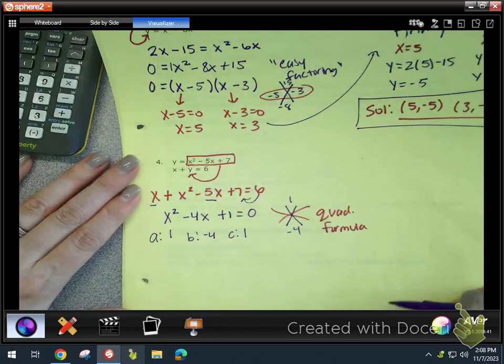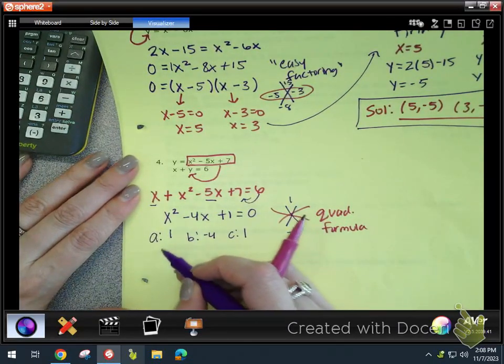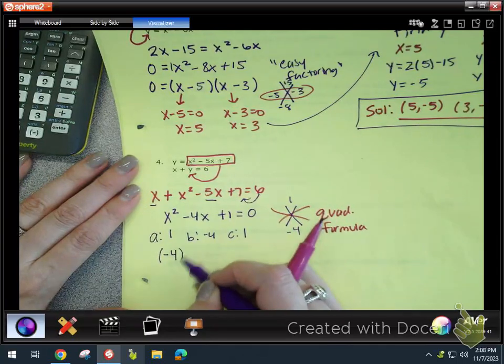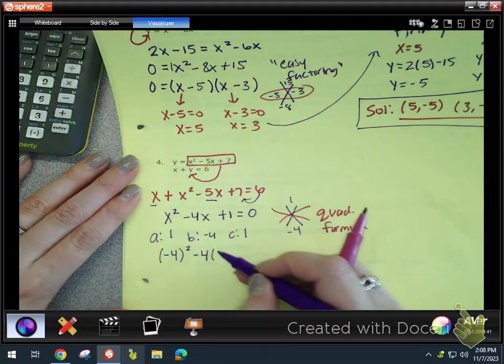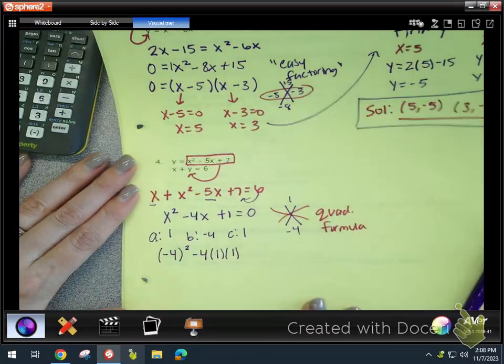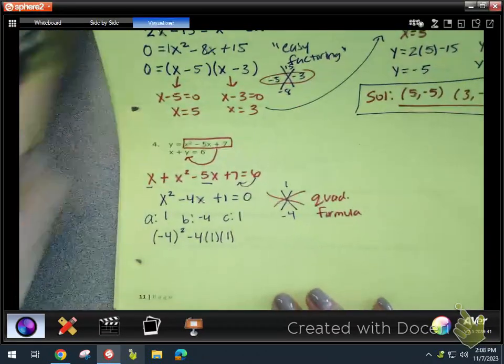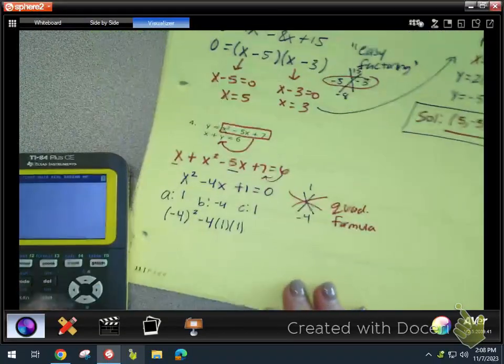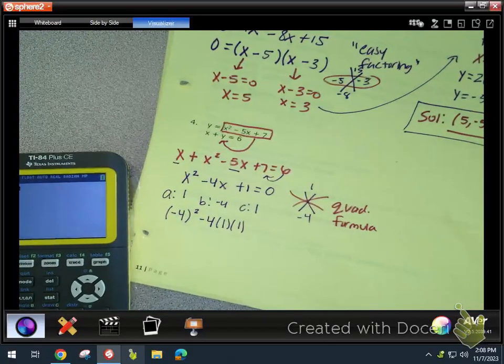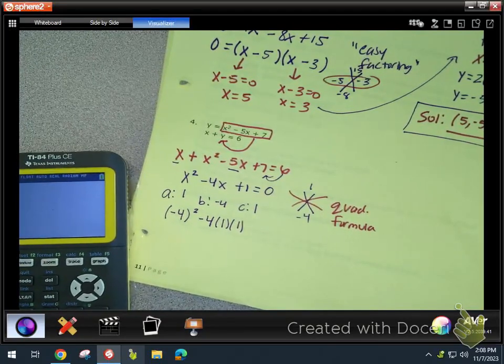How do you find the discriminant? You just do the formula. What is the formula? Minus 4 squared minus 4 times 1 times 1. Thank you, Judy. I heard you. Equals 12. Okay, so B squared minus 4 times A times C. Make sure you put this stuff in parentheses.